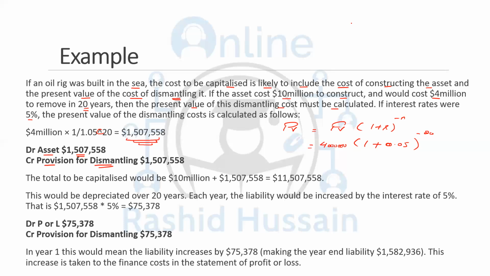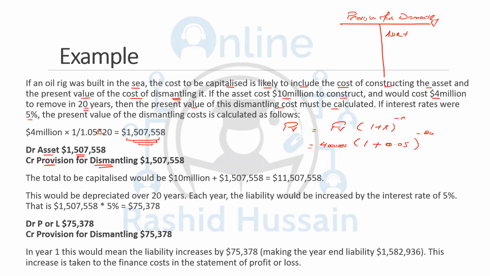This is at the start of the year. Now you're going to make an account which is provision for dismantling. This is a very important thing, that's why I'm going to make an account for it. The provision for dismantling account is being credited due to the asset. You know how to put the entry into the account.